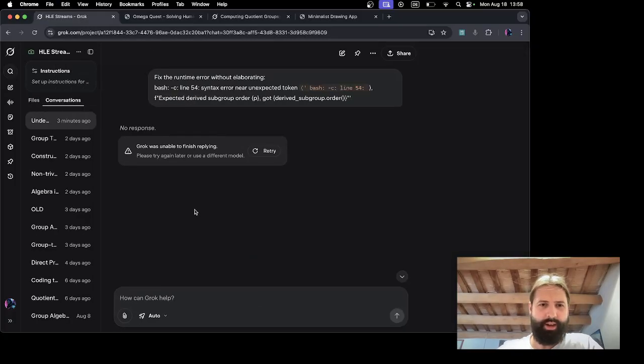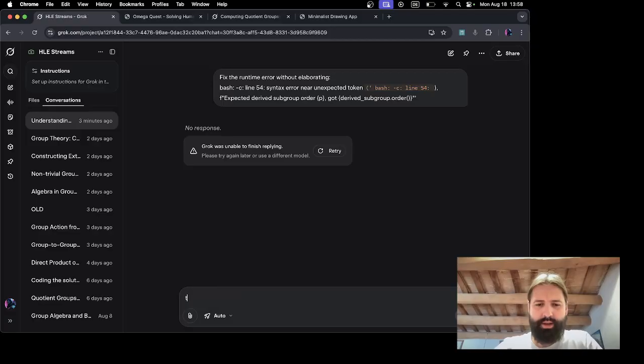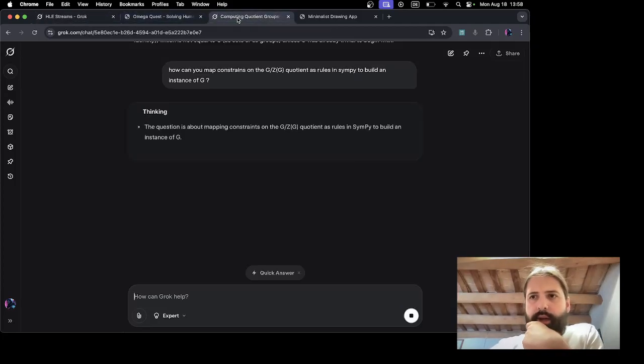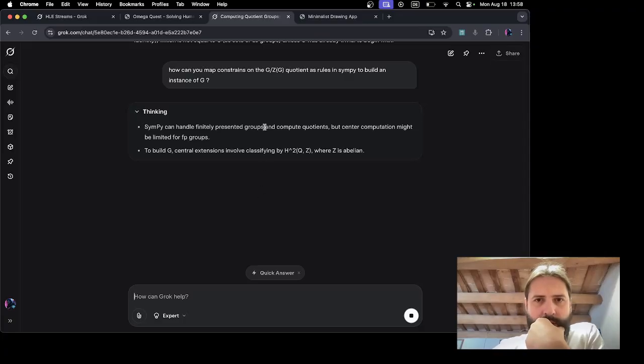Can you try again from scratch with the SymPy code, please? Expert. Build a 3 to the power of 1 plus 2 group as described above.